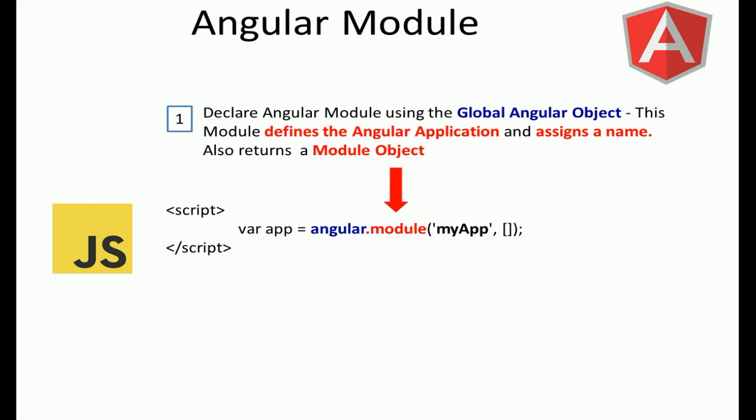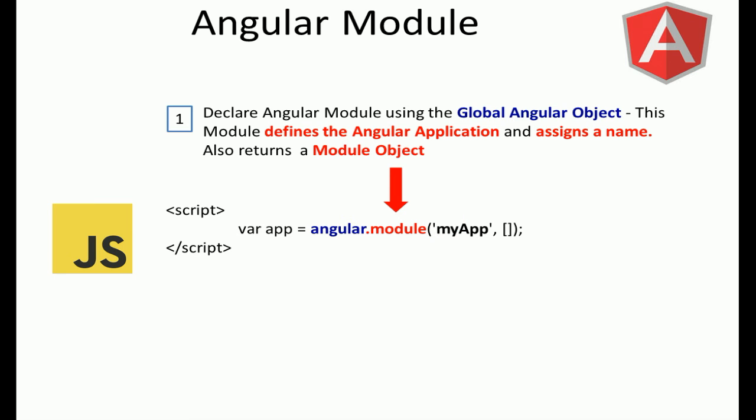Step 1. Declare the Angular module by calling the module method on the global angular object. The module method takes 2 parameters. Parameter 1 is the name you would like to give to your Angular application module. In this case, myApp.